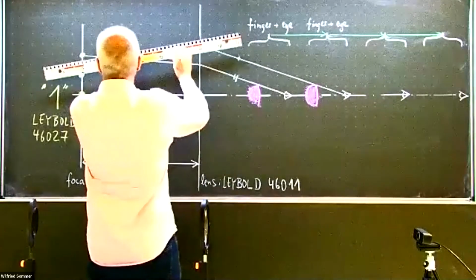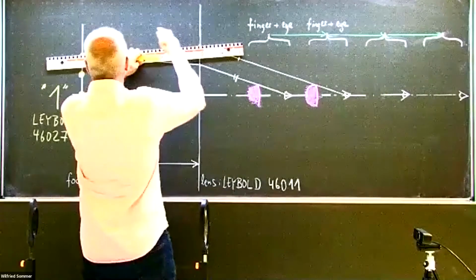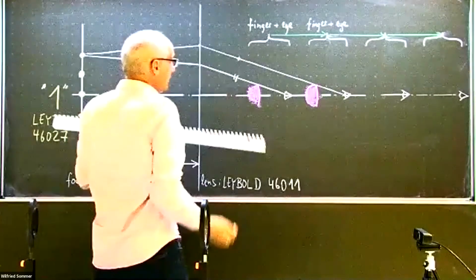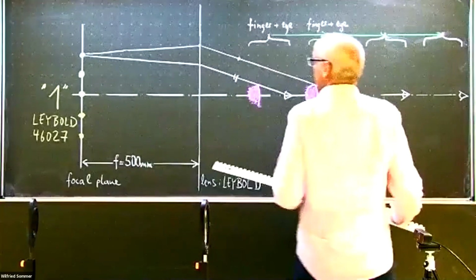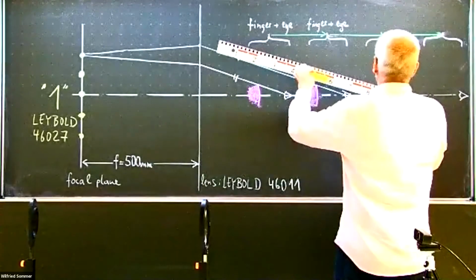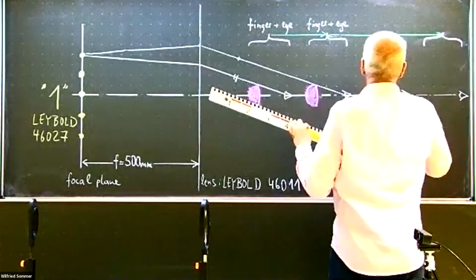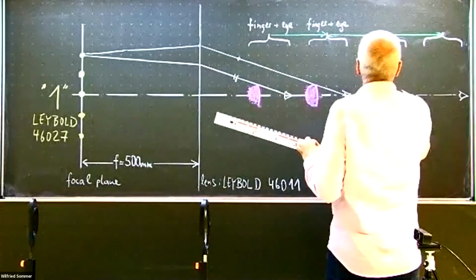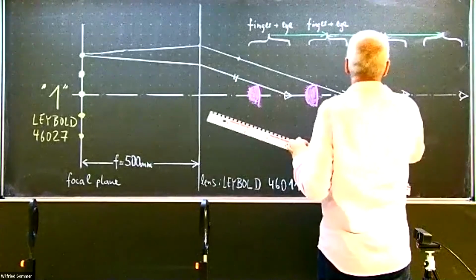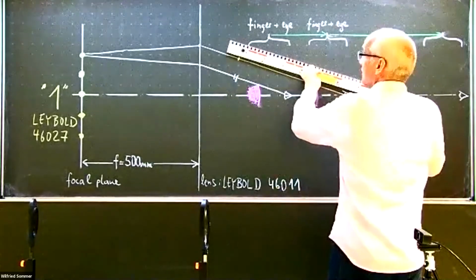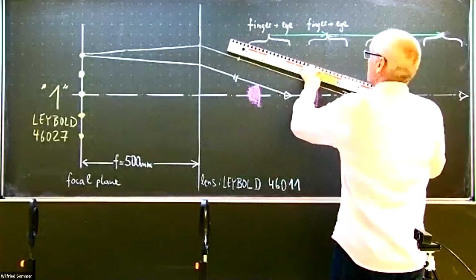So I have to connect it this way. And if I am going to introduce further directions of sight, I have to continue in a way that I do it parallel.